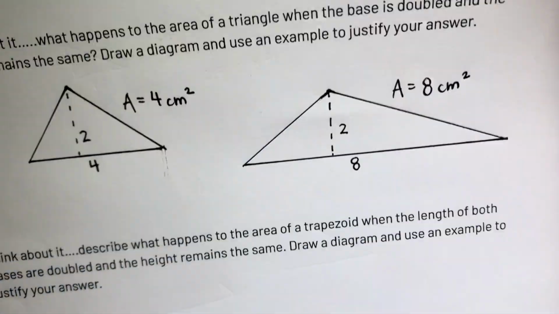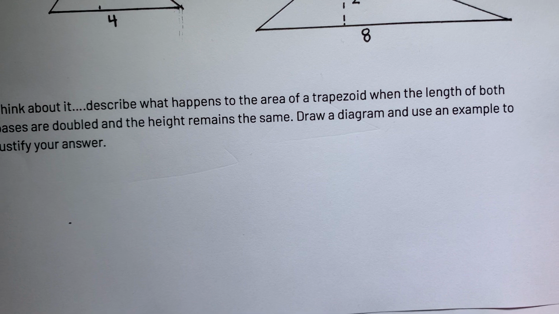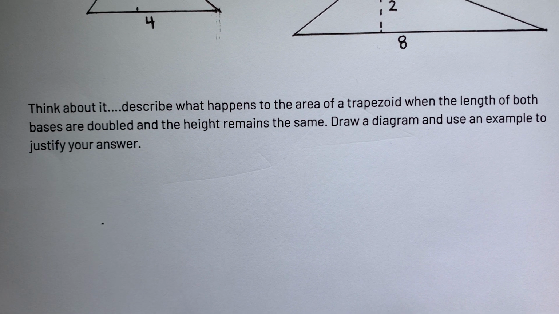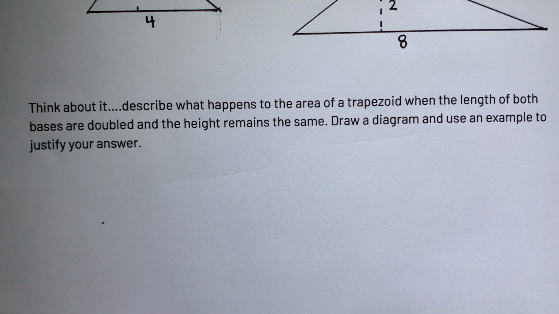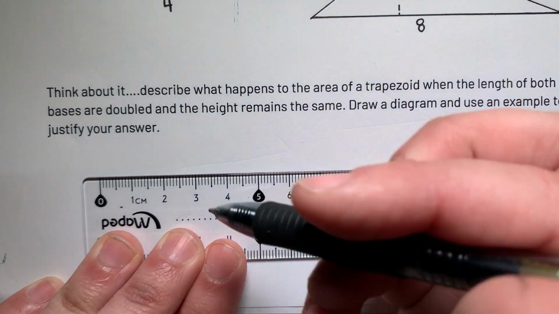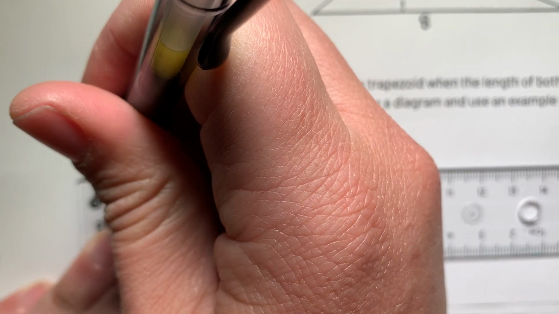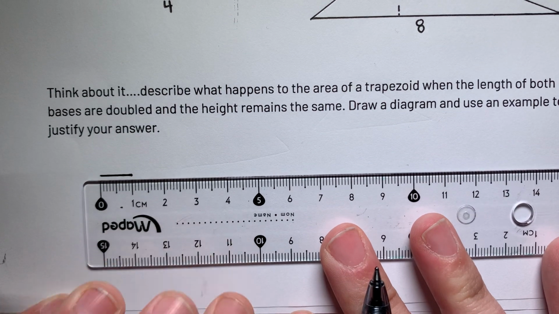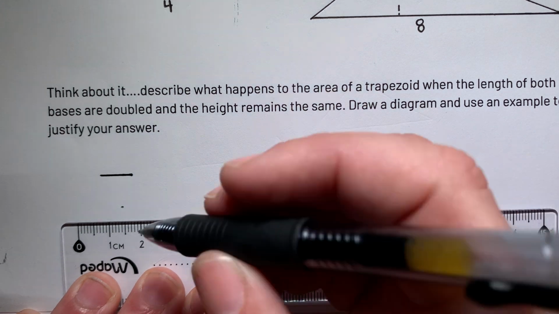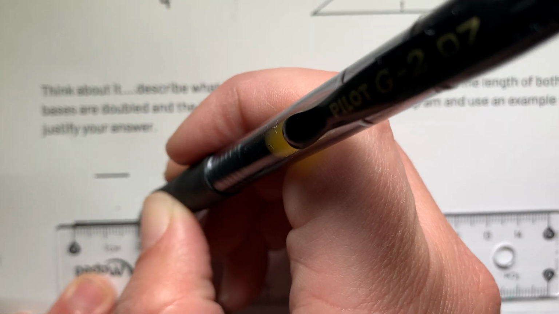Let's look at the next one. Think about it. Describe what happens to the area of a trapezoid when the length of both bases are doubled and the height remains the same. Draw a diagram and use an example to justify your answer. Okay, so let's see. I'm going to do the base 1 of this trapezoid is going to be 1, and the bottom is going to be 2.